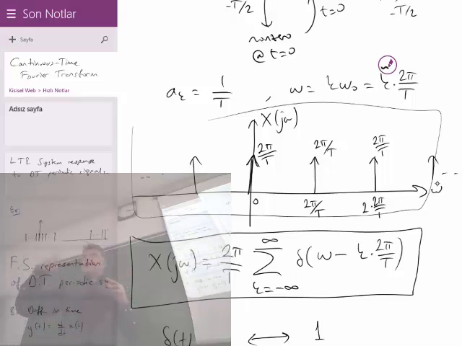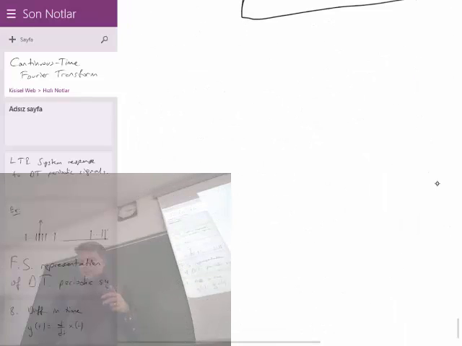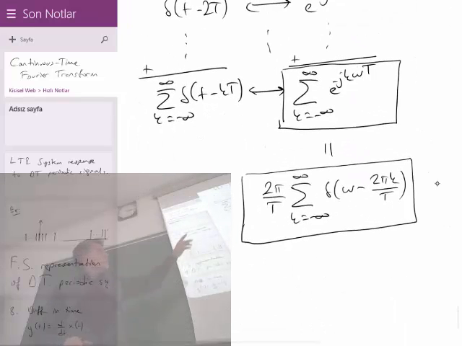So I'm summing up a lot of complex sinusoids, adding them up, and I'm getting an impulse train. Isn't it interesting? How can a summation of sinusoids converge to an impulse train? It seems quite impossible, doesn't it?